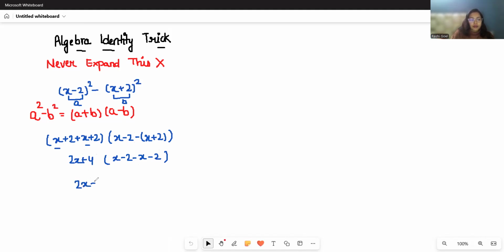So 2x plus 4. Here the x will cancel out, and minus 2 and minus 2 is minus 4. So we will multiply it as negative 8x minus 16. So we will take negative 8 as common, so x plus 2. This is our final answer when you apply this.